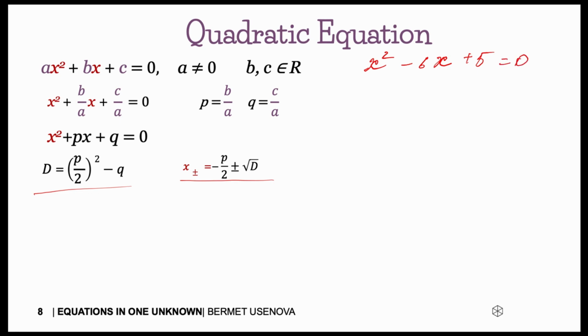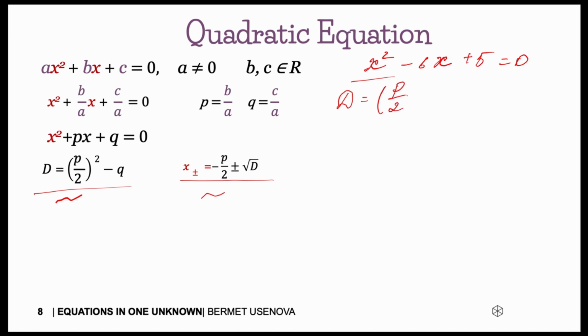First of all, you may see there is no coefficient in front of x squared, which means our equation is in normal form. So we can use the PQ formula, and we can directly start with calculating the discriminant. By calculating the discriminant, we will see how many solutions our equation will have.